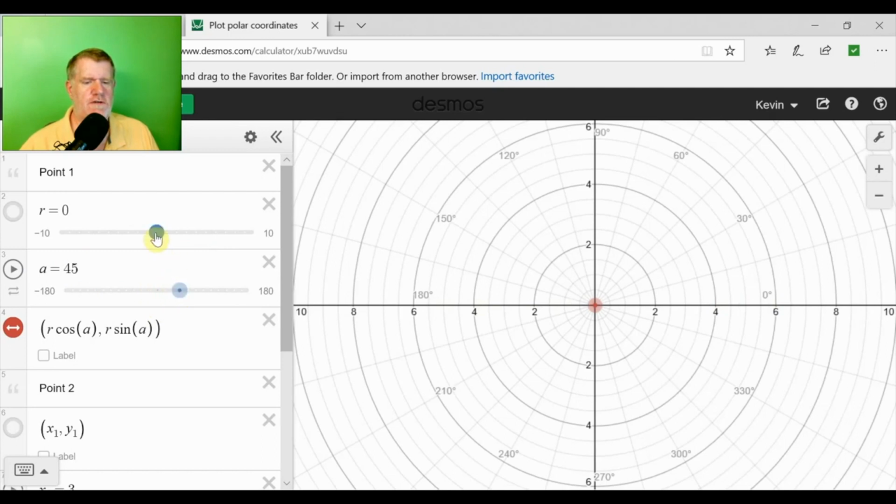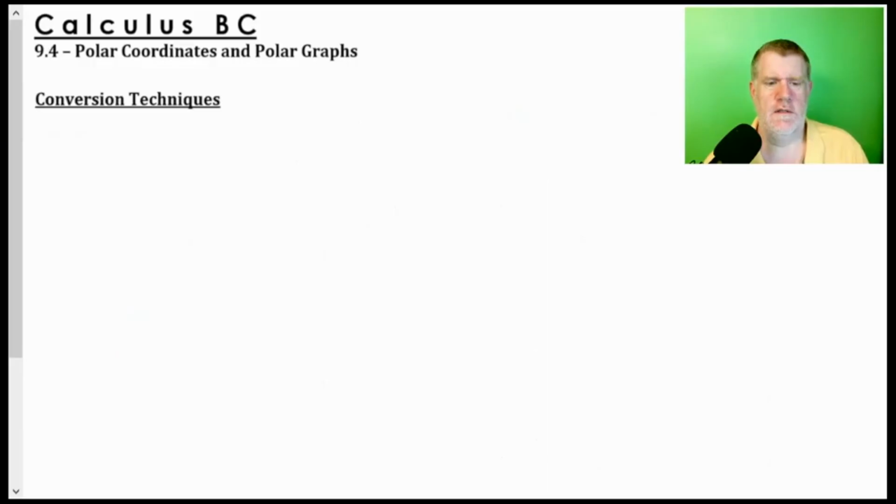So here's 45 degrees and a radius of 3. Actually, let's go to 4, it's easier to see, a radius of 4 on a 45 degree angle. So a polar coordinate is a radius and an angle. And of course your angle can go all the way around. And your radius can go out or in, and remember, when it's negative, it's reversed.